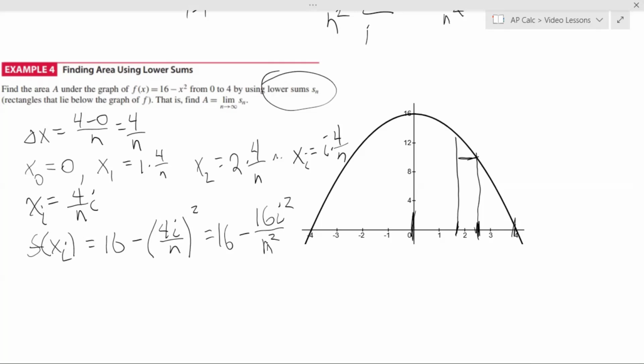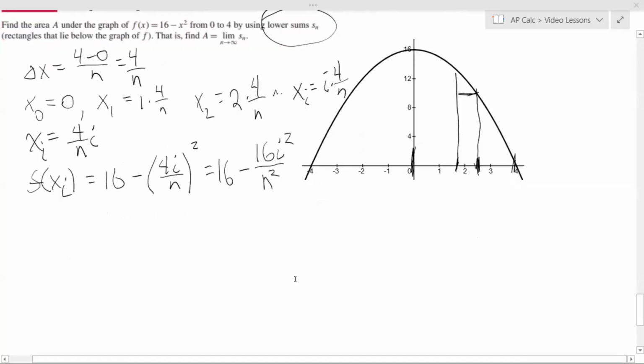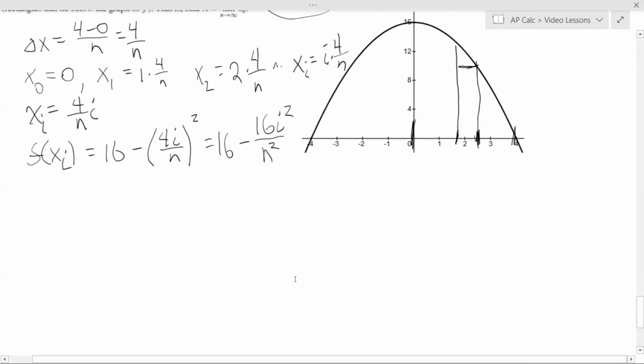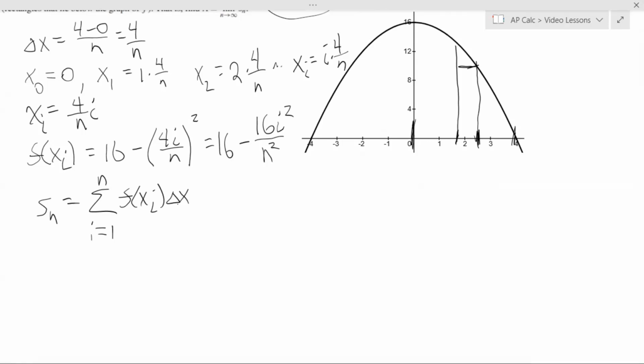All right. And then the next step we want to do is set up the summation formula to get the area. So the sum is equal to summation notation i equals 1 to n of f of xi delta x. It's always going to be the same because the f of xi is the height of the ith rectangle, delta x is the width.